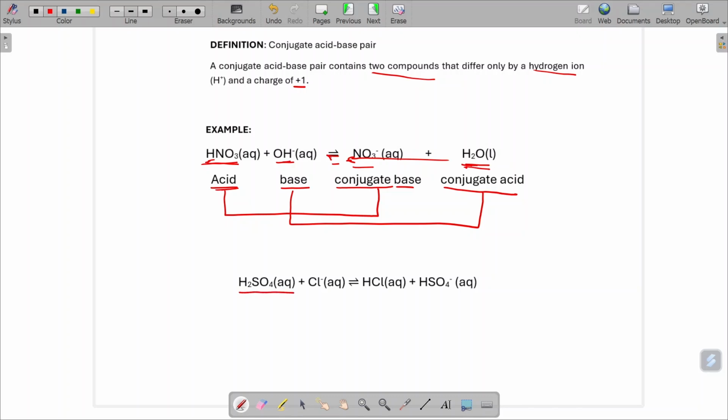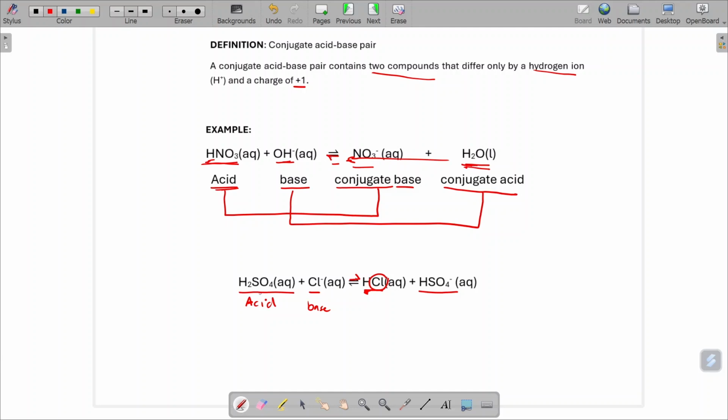Let's look at another example. If we look at this reaction between H2SO4 and a chloride ion, the H2SO4 can donate one of its protons. So this is the acid because it donates a proton. This is the base. Because the product, if we read from left to right, the product HCl, the chloride ion has now accepted a proton to form HCl, and the HSO4 minus has lost a proton from the H2SO4.